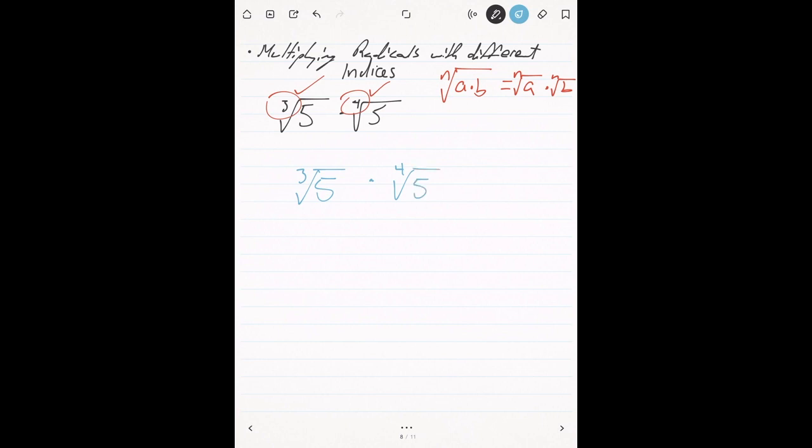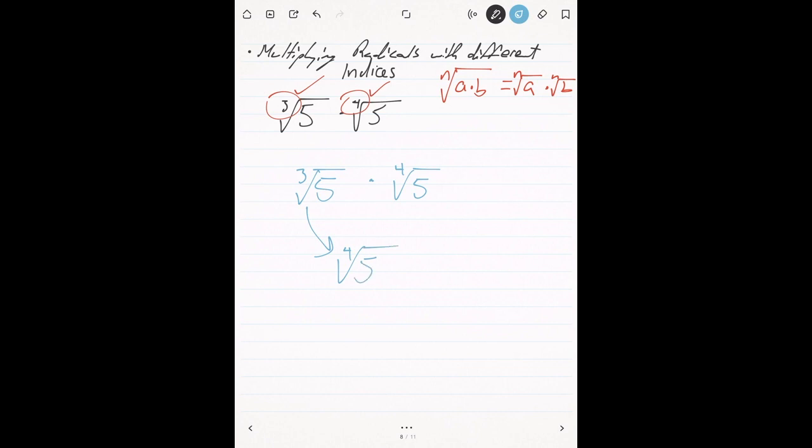Well, if we could change the index for each one, it might be able to get combined together. But how do we change the index without changing this whole problem, right? I mean, why can't I just say, oh, all of a sudden this is just the 4th root of 5.